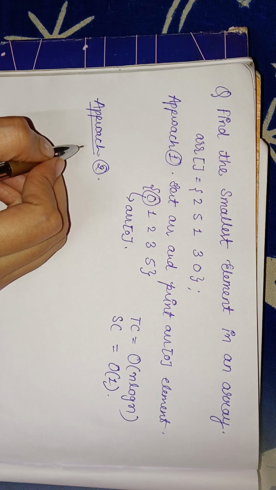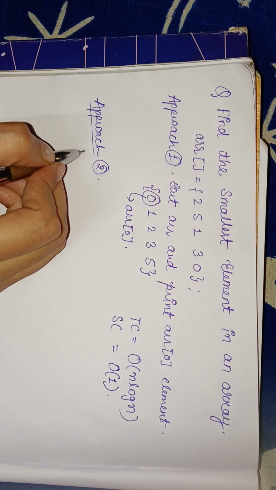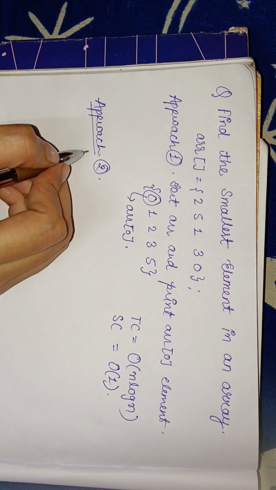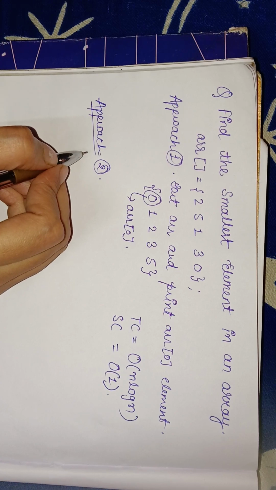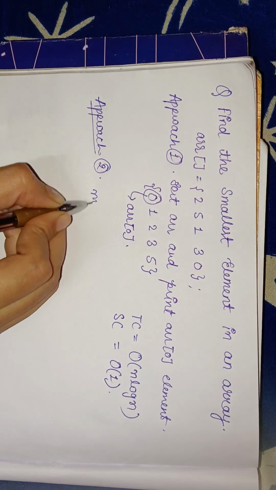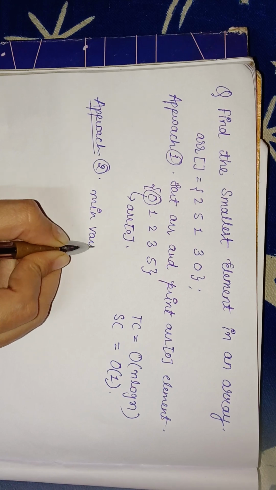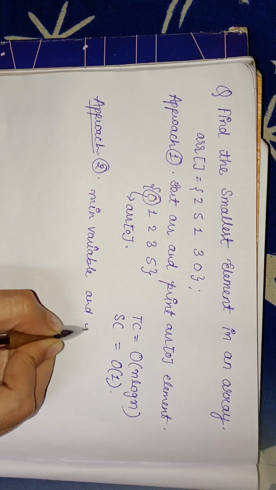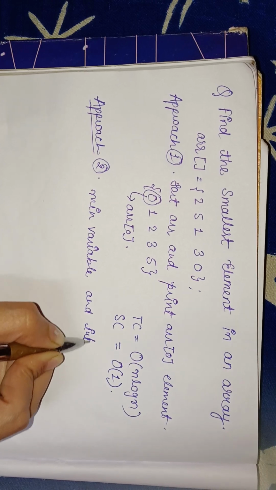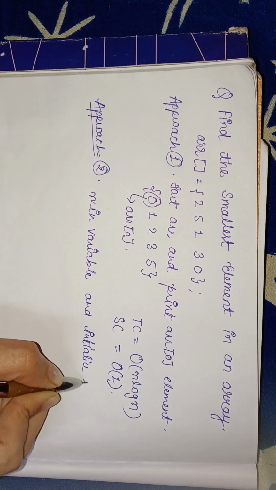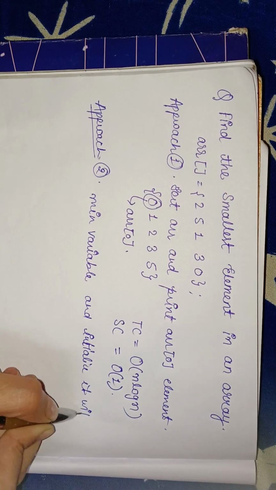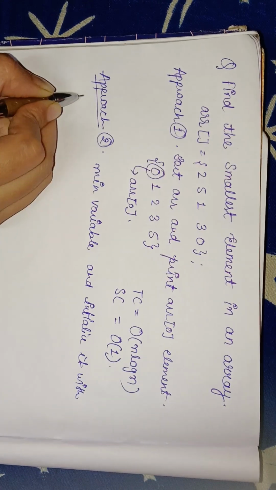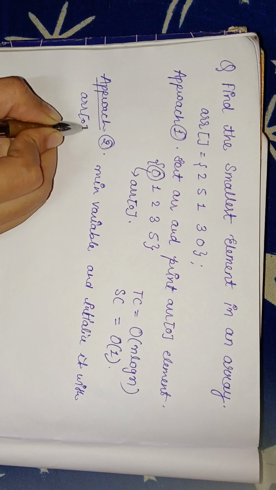So in approach 2, we use a min variable and initialize the min variable with array of 0.